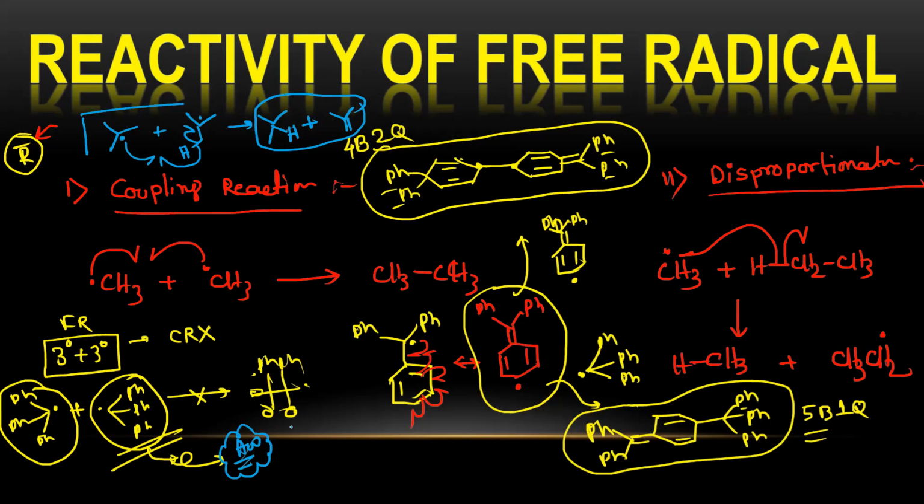You can watch that. So both reactions are possible, disproportionation and coupling. I'm giving you two radicals, CH3 dot plus C2H5 dot. You have to tell how many products are possible there. Options are 3, 4, 5, 6.